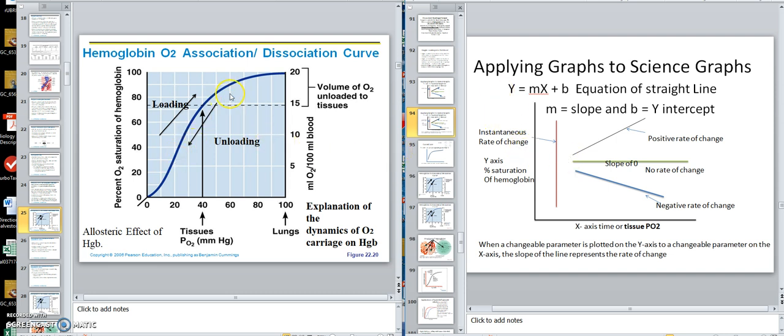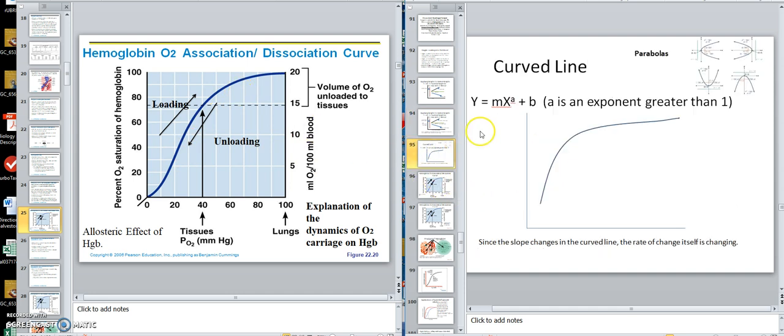Now that's not completely straight line. So I go to this next one, and we're looking at a curved line, like a parabola in math. In order to get a curvilinear line, you take x to a power greater than 1. So y equals mx to a power plus b.